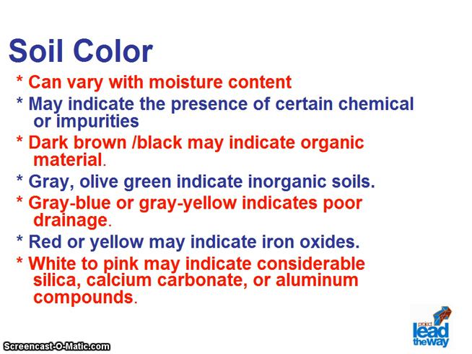Some fine-grained soil with dark, drab shades of brown or gray, including almost black, contain organic colloidal material. In contrast, clean, bright shades of gray, olive green, brown, red, yellow, and white are associated with inorganic soils.